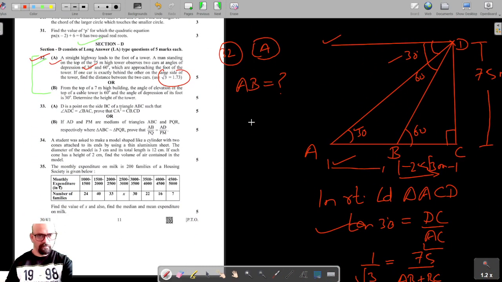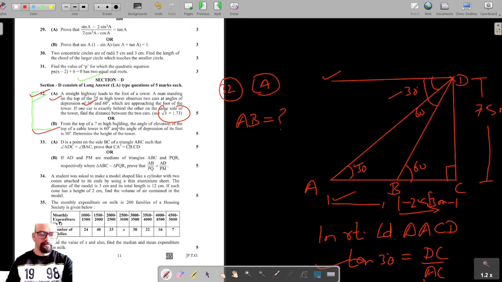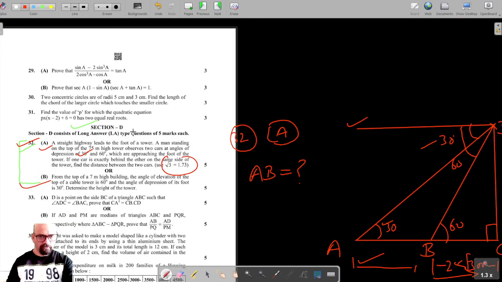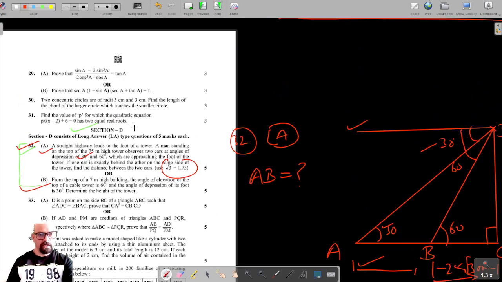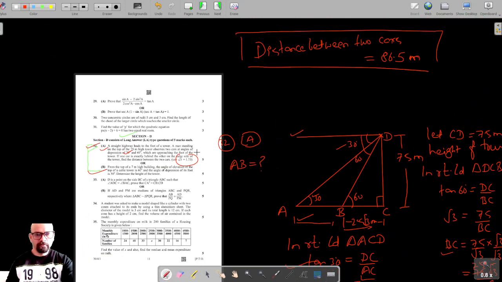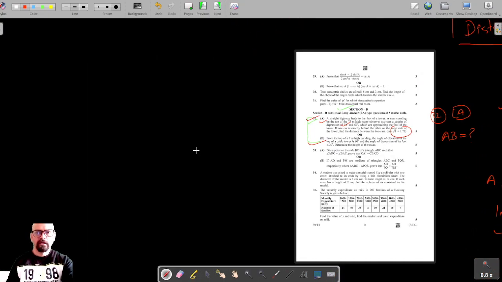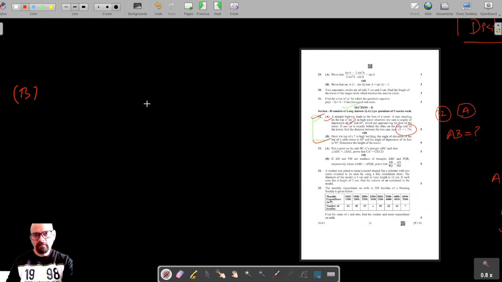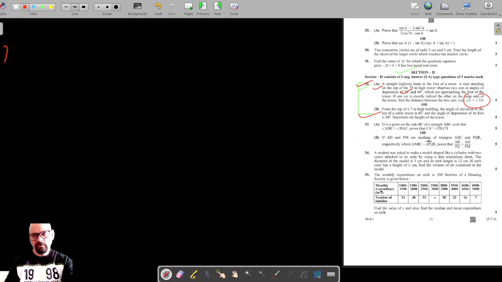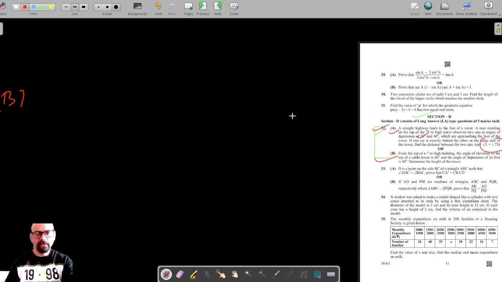Let's move on to part B. So for part B, it's given that from the top of a 7-meter high building, the angle of elevation of the top of a cable tower is 60 degrees.